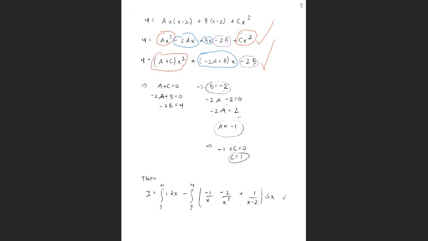And so the 4 on the left, well, you can write 4 as 4 plus 0 times x plus 0 times x squared, right?